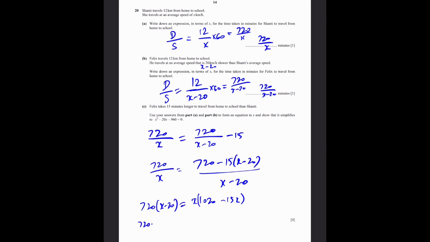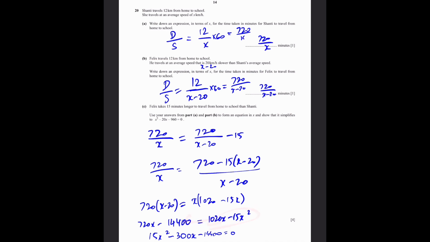720x minus this value, 720 times 20, which is going to be 144 followed by 2 zeros, and that'll be equal to 1020x minus 15x squared. That means 15x squared minus 300x minus 14400 equals 0, bringing these two to the other side.